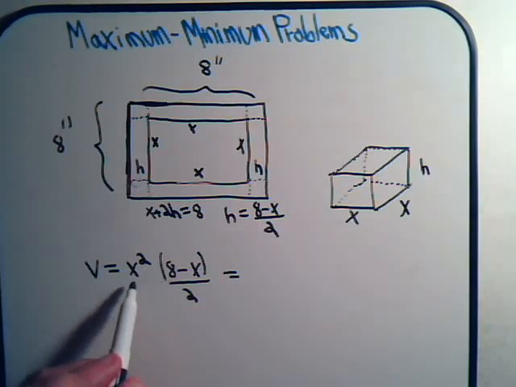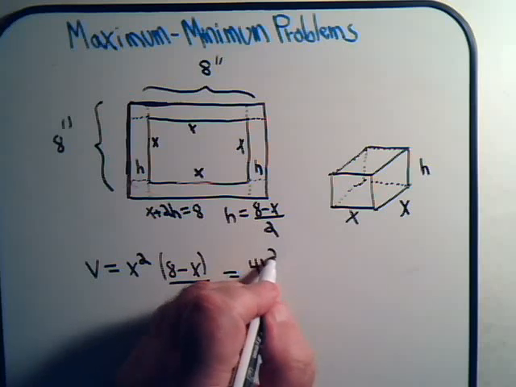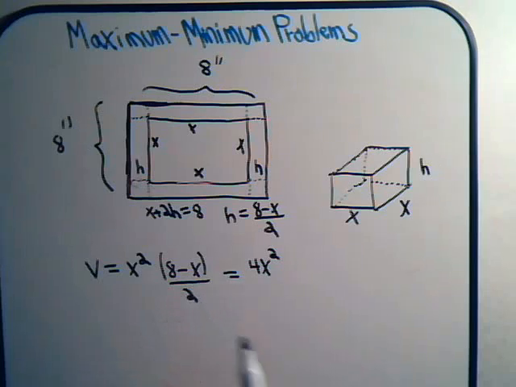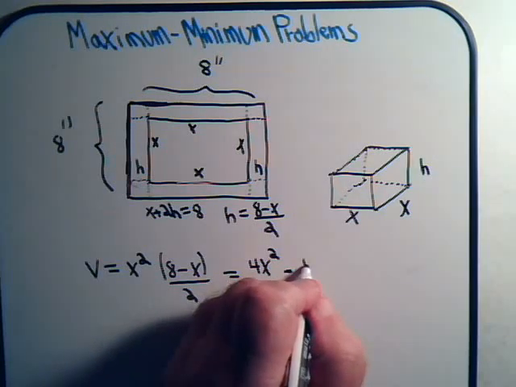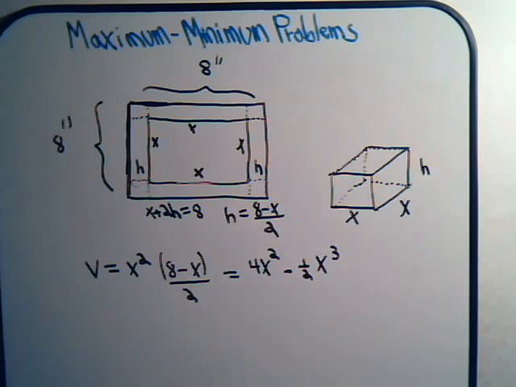So this would be 8x squared divided by 2, so that's 4 times x squared, minus x cubed divided by 2, minus 1/2 times x cubed. And there's the formula for the volume.